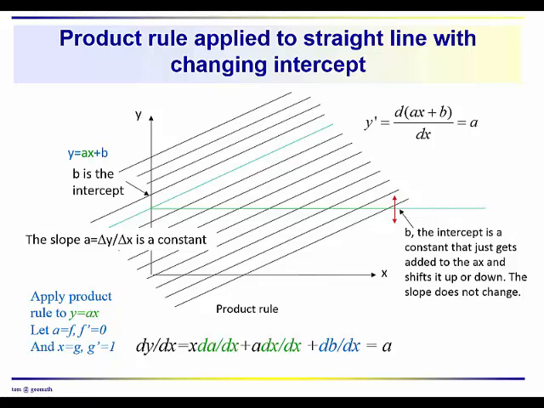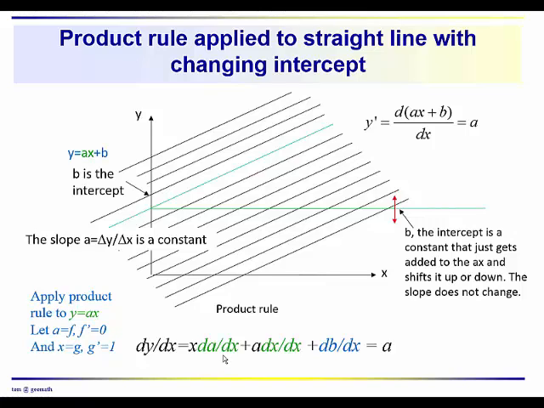But this would be the way that it would work out. We've got y is equal to ax. We let a equal f, f prime equals 0, x equal g, g prime equal 1. So the derivative of a with respect to x is equal to 0. So this term drops out. And that's the key to understanding why we don't have to worry about it.